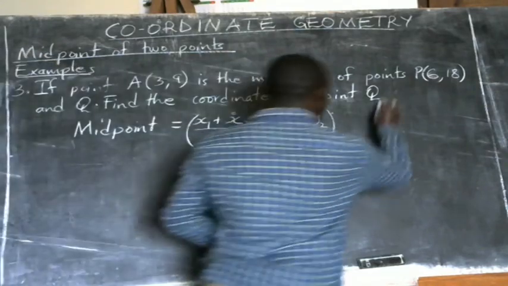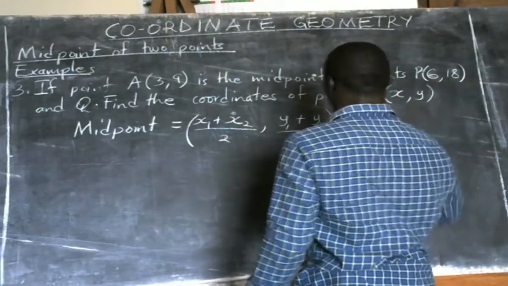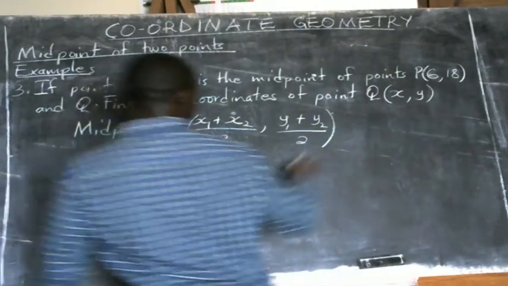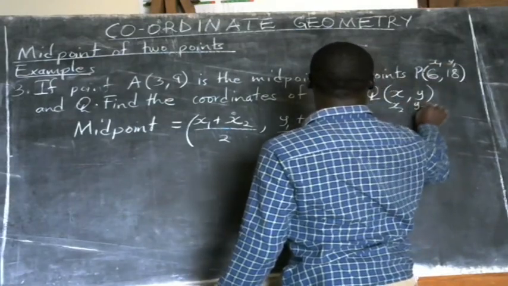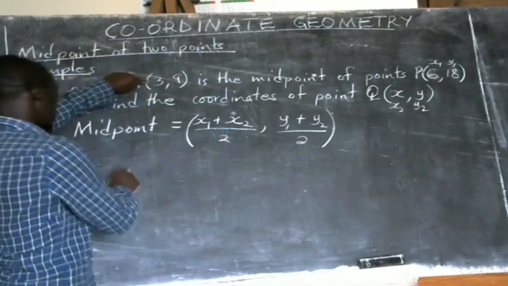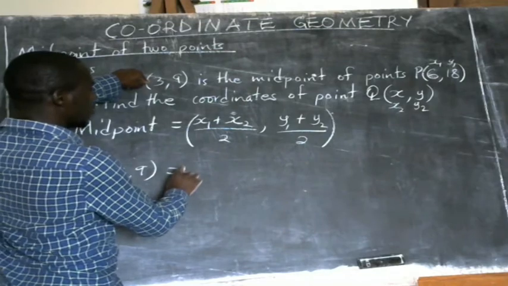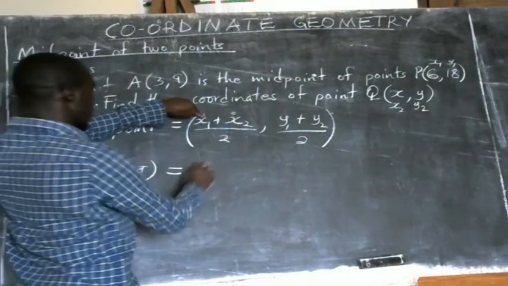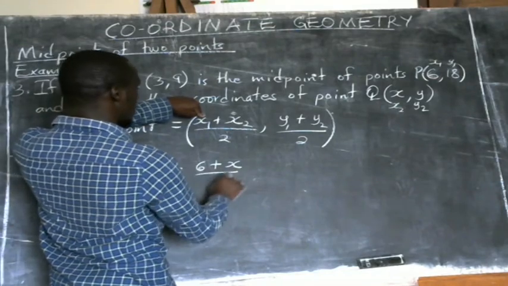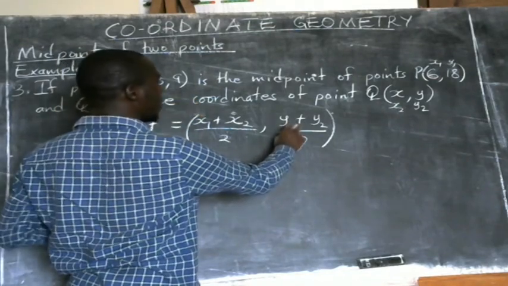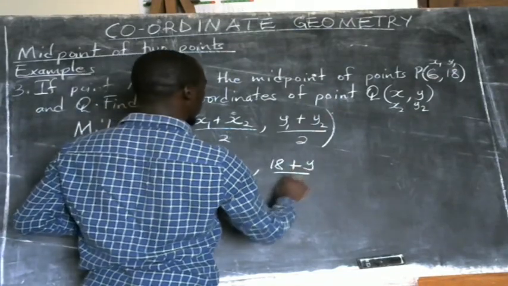I let the coordinates of point Q be unknowns, x and y. Then I nickname x1, y1, x2, y2. So my midpoint A, which is (3, 9), is equal to x1, which is 6, plus x as the x2, divided by 2, comma, y1, which is 18, plus y all over 2.